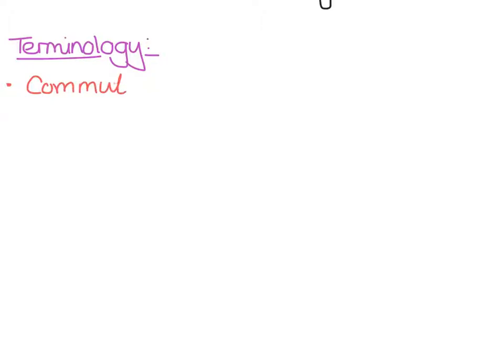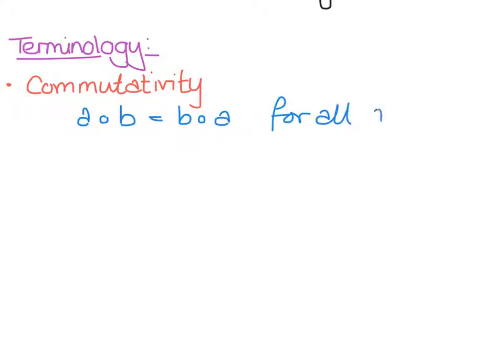So let's move on to some terminology. First of all, let's look at commutativity. A binary operation on a set S is commutative if A dot B equals B dot A for all A and B in the set.